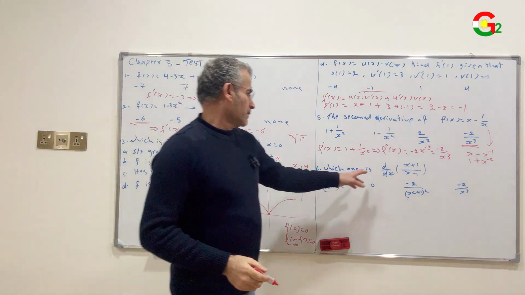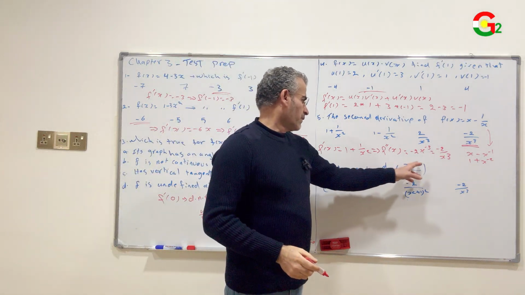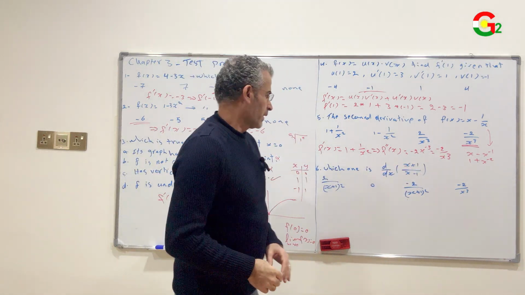Which one is the derivative of this function, x plus 1 over x minus 1?